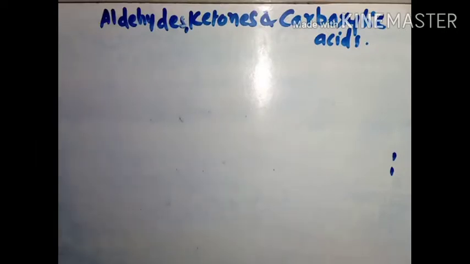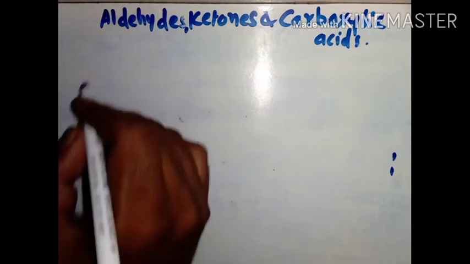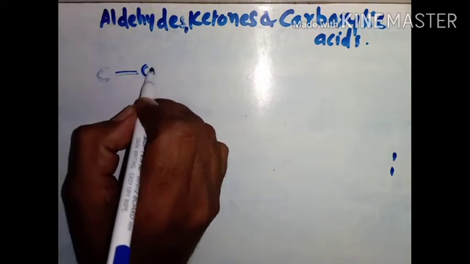Dear student, today we are starting a new chapter, that is aldehydes, ketones and carboxylic acid. Now, in the previous chapter, you have learned about the organic compounds which contain carbon oxygen single bond like this.